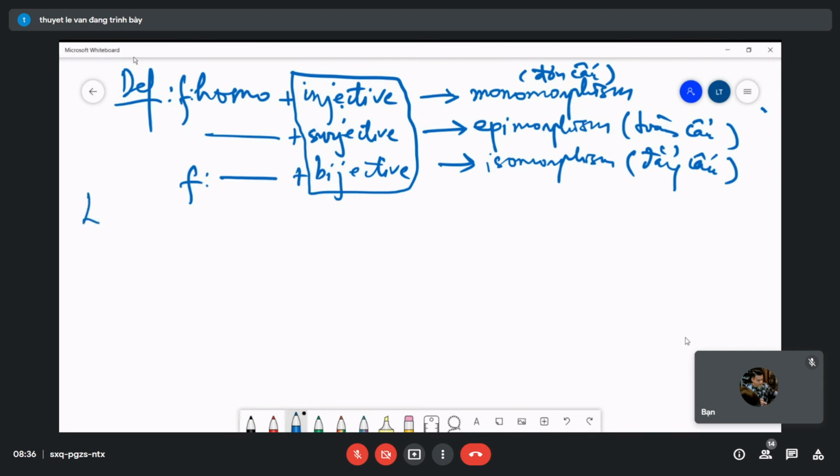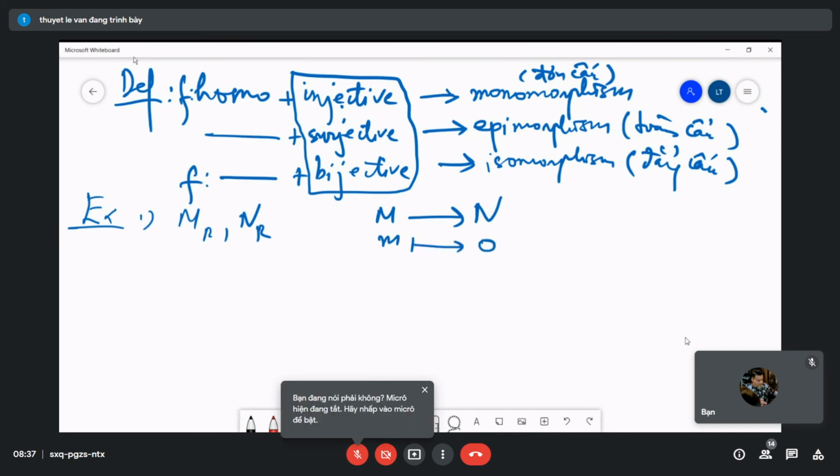For example, the first: if you are given M and N, and you take a map from M to N, and all elements of M you send to 0, then you will say that it is the zero homomorphism.